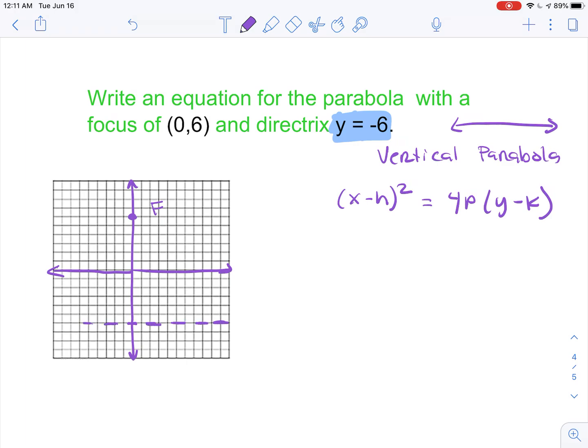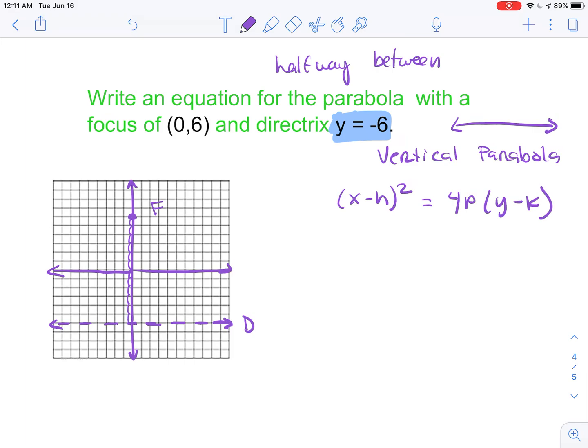Okay. So the first thing we need to identify is where is my vertex. Now my vertex will always be halfway between my focus and my directrix. So there are 12 boxes here: 1, 2, 3, 4, 5, 6, 7, 8, 9, 10, 11, 12.